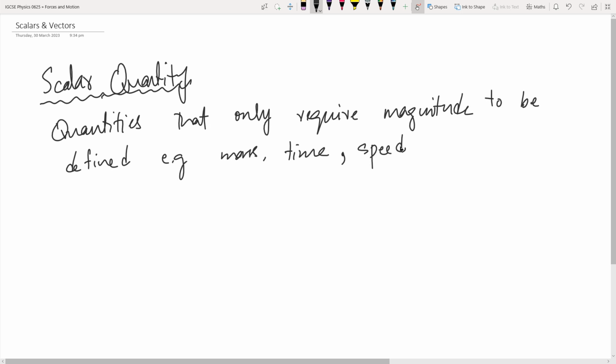We always say that the car is going at 100 kilometers per hour, but you don't say that it's going north, because if you do so, it would become velocity. And in the topic of speed and velocity, I discussed that speed is a scalar quantity and velocity is a vector quantity. Then we discussed distance, which was also scalar. It is length, so length is also a scalar quantity.